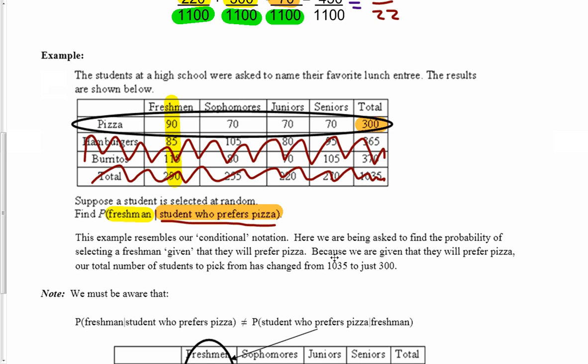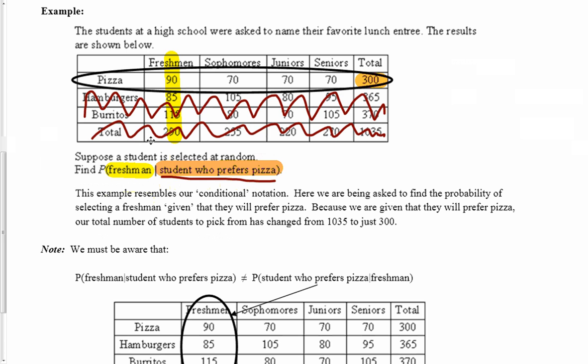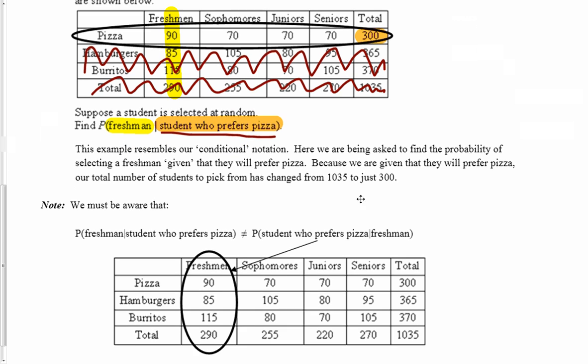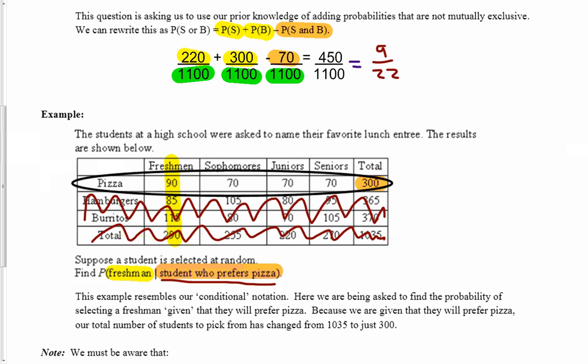So now we're left with 90 out of 300, and that's going to be our ratio. I'll just write that down here for you. And if you were to reduce that, you would have 9 over 30, which is equal to 3 over 10.